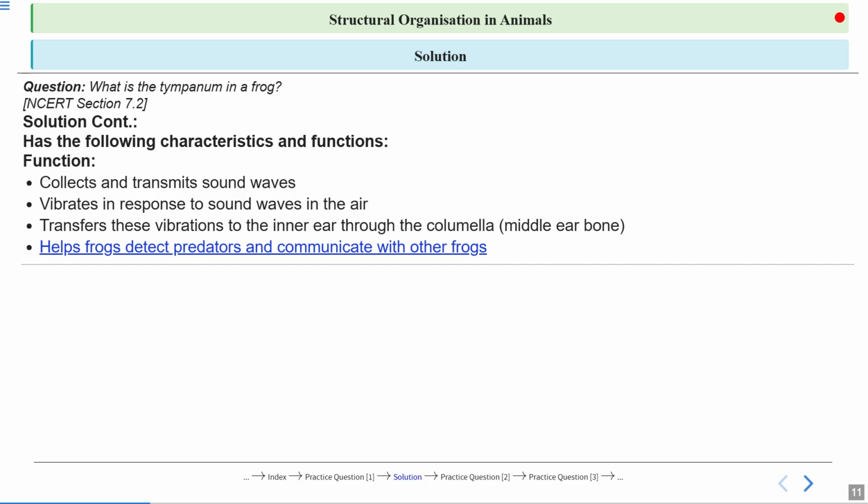Like the female has this tympanic membrane, and when the male produces sound, she can hear that sound and get attracted toward the male. So this tympanic membrane is very important in the case of frogs.